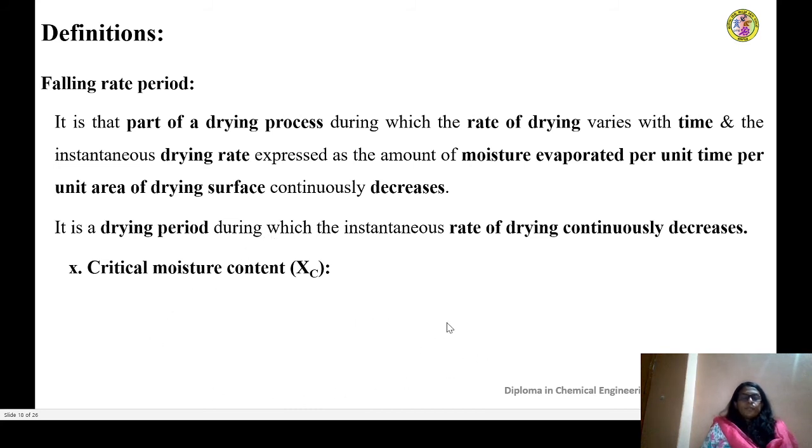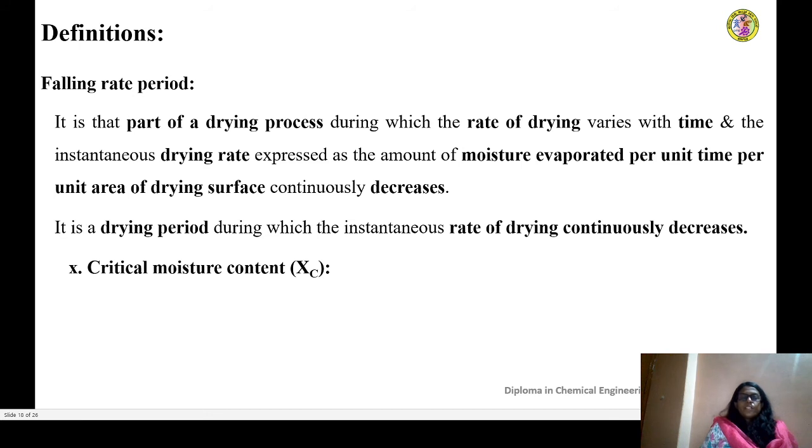So now comes one more definition, critical moisture content. Critical moisture content is that moisture content of the substance at which the constant rate period ends and the falling rate period starts. Just now we understood what a constant rate period is and what a falling rate period is. The first part of the drying process is the constant rate period, and the second part is the falling rate period.